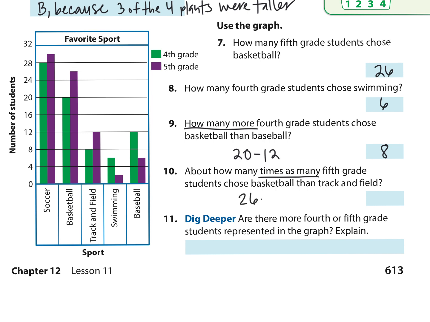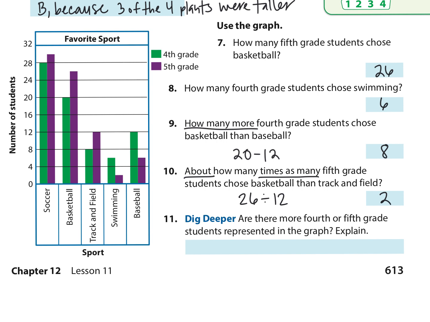So 26 divided by, and how many chose track and field? We're comparing 5th grade. 12. Now it says about. If I'm doing this easily, 26 is close to 24. So 24 divided by 12 would be about 2 times.